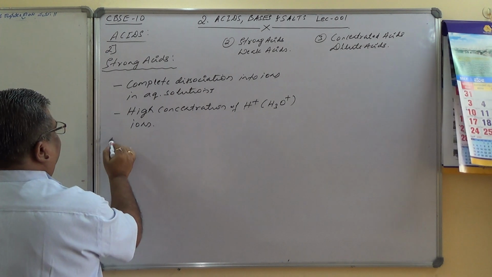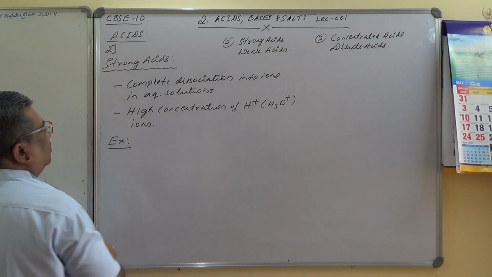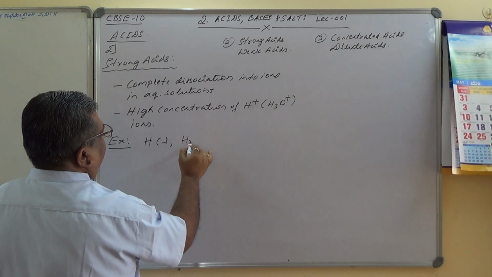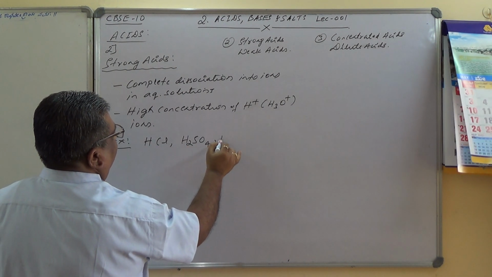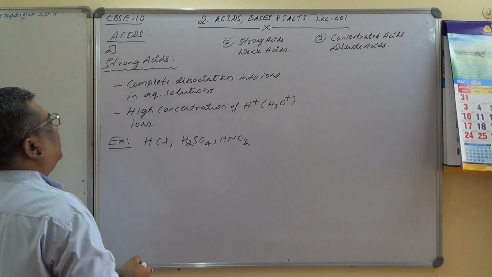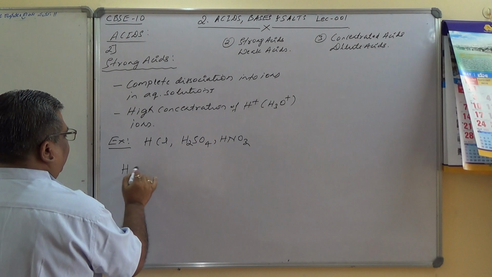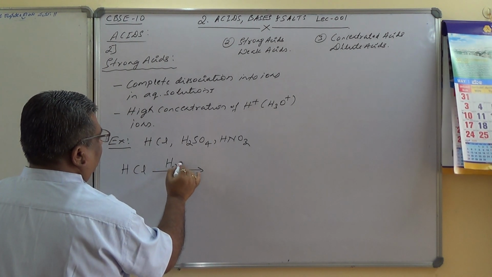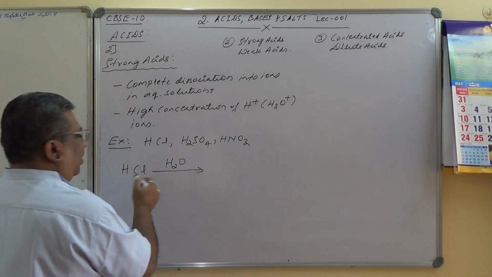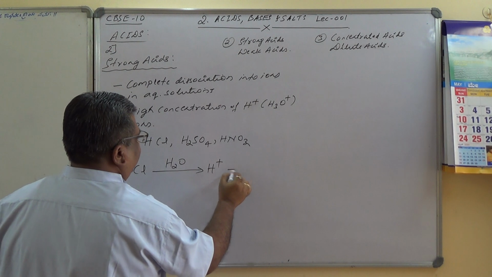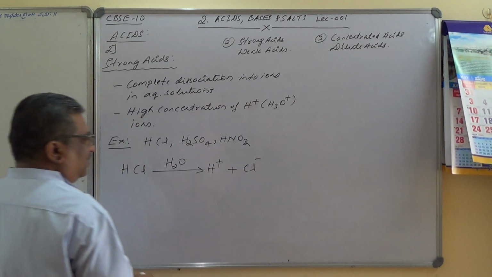Which are the examples for this? Strong acids are basically HCl, hydrochloric acid, H2SO4, HNO3, etc. What kind of ion formation takes place over here? For example, HCl in the presence of water will get ionized into H plus ions and chloride ions.